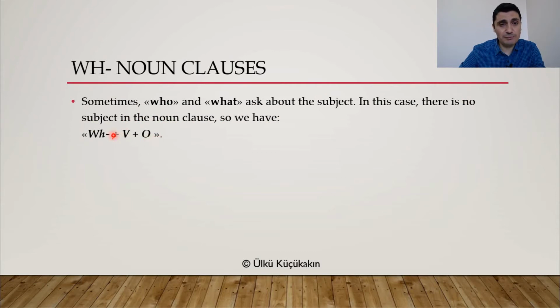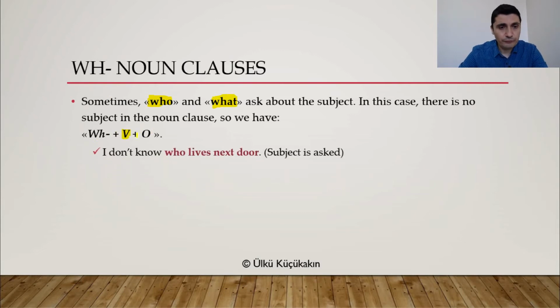So sometimes we have no subject with who and what. Now this is true only for who and what people, all right? So after who and what, sometimes you have only a verb and no subject. Let's look at some examples.